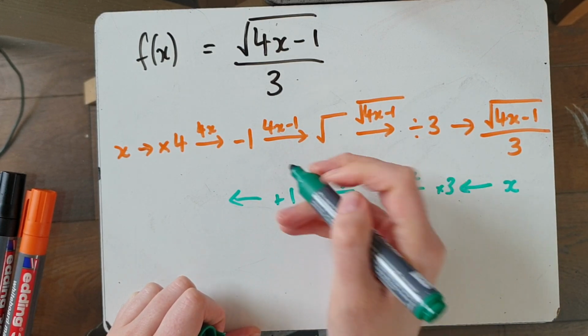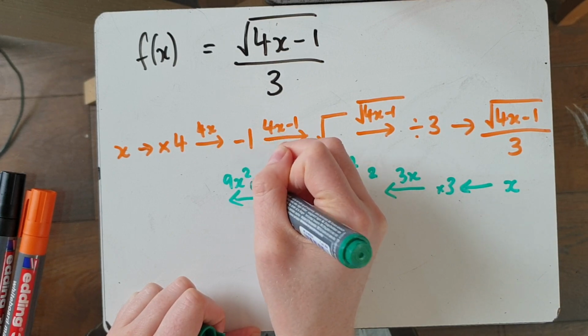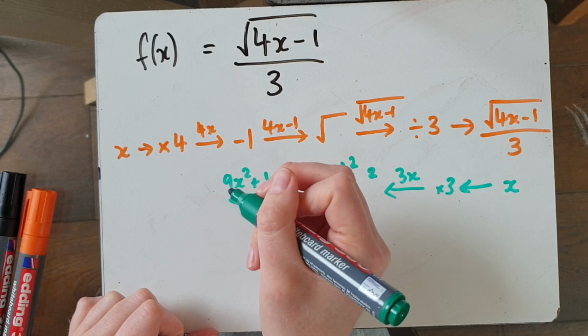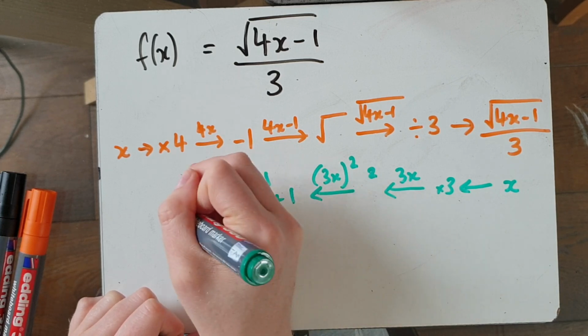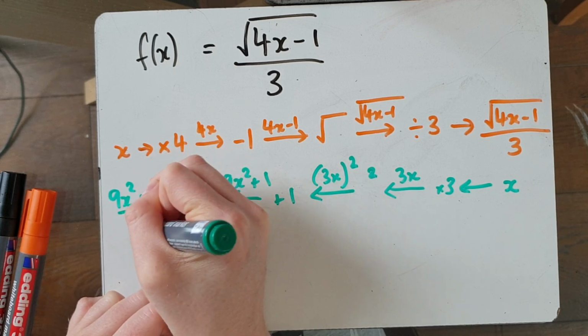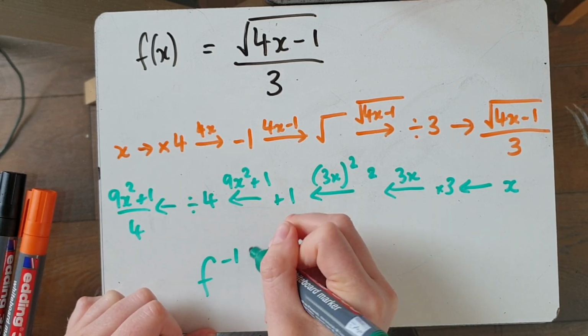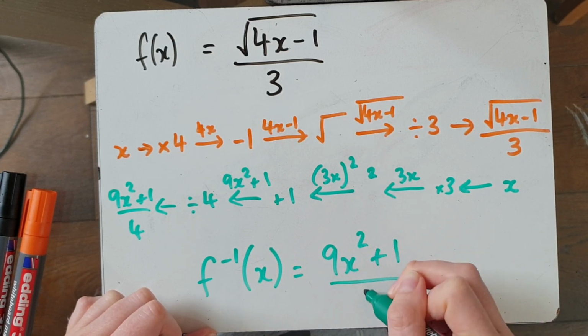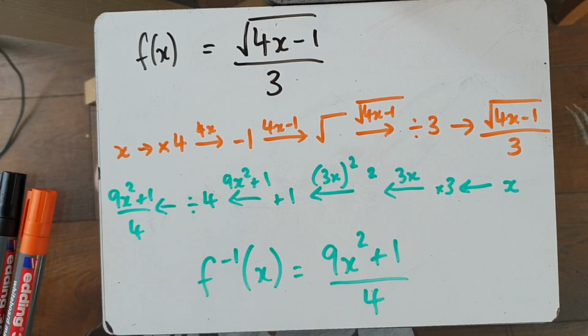And this 3x all squared is going to be 9x squared. And then instead of multiplying by 4, we're going to divide by 4. So we end up with 9x squared plus 1 over 4. So f inverse of x is 9x squared plus 1 over 4.